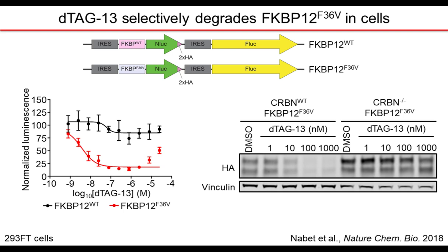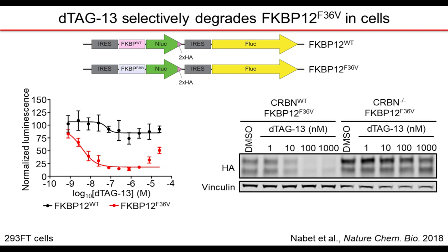So here what we did was hook up wild-type FKBP12 and mutant FKBP12 to nanoluciferase. As a result, this would allow us to use non-invasive bioluminescence measurements to evaluate whether or not we could degrade a particular target of interest, here focusing just on FKBP12 itself. What we were able to evaluate here was selective degradation of wild-type FKBP12 versus mutant FKBP12.